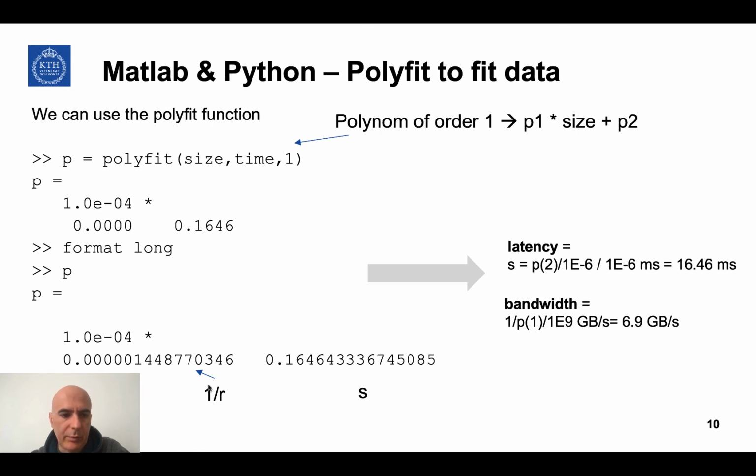So this is 1 over the bandwidth, so 1 over p1, and then we want to express it in gigabytes per second, so we divide by 10 to the 9. And what we get is 6.9 gigabytes per second, right?